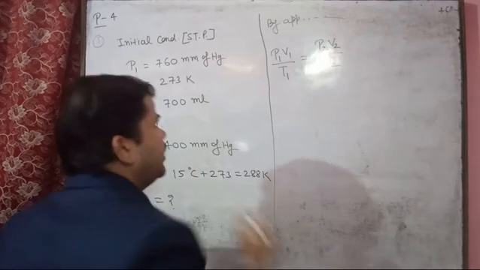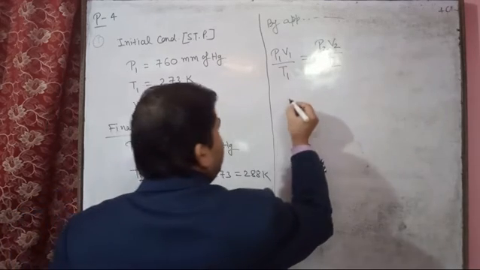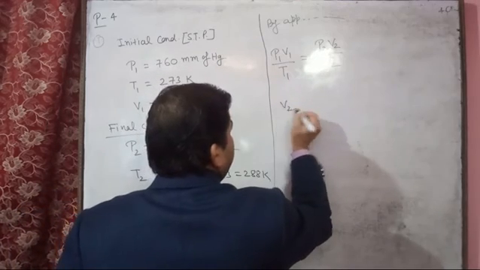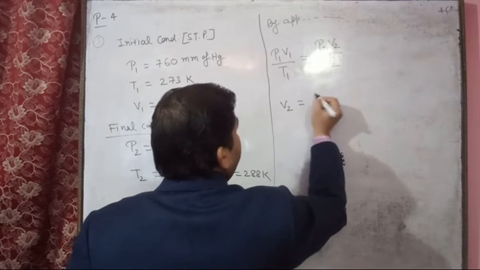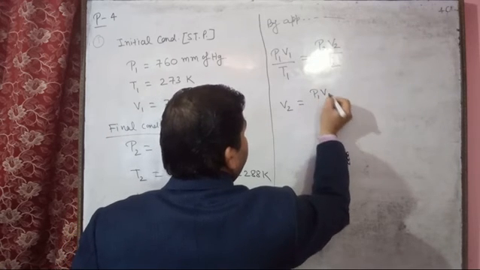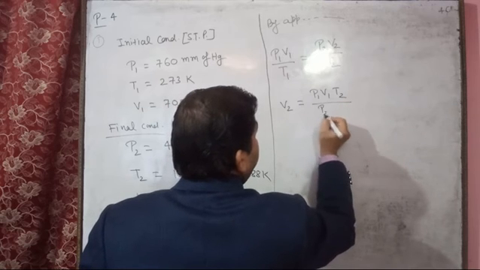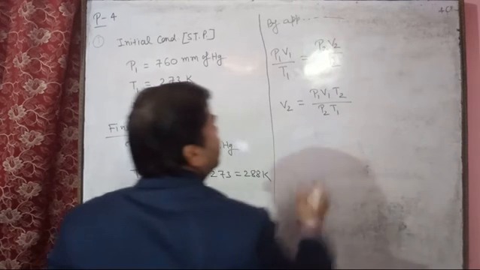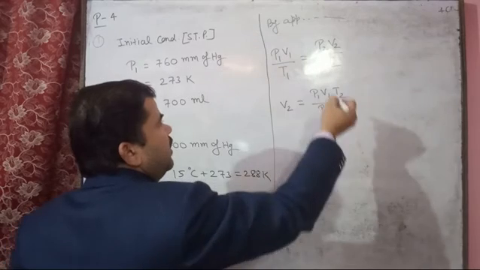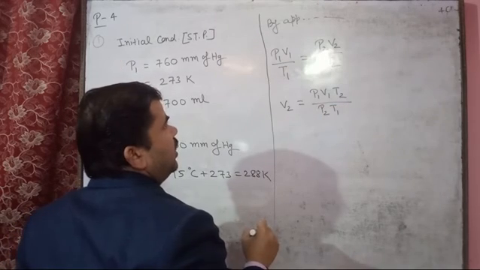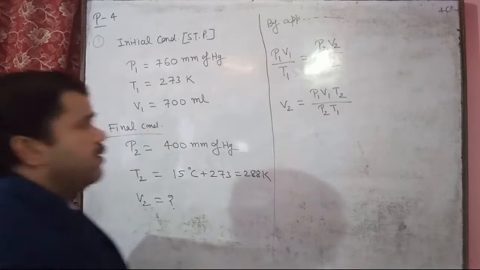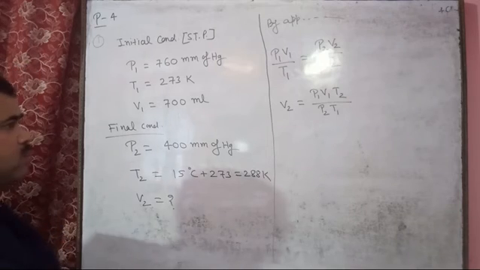Then we have to determine V2. So we can write V2 equal to P1 V1 T2 upon P2 T1, and you have to put the values.